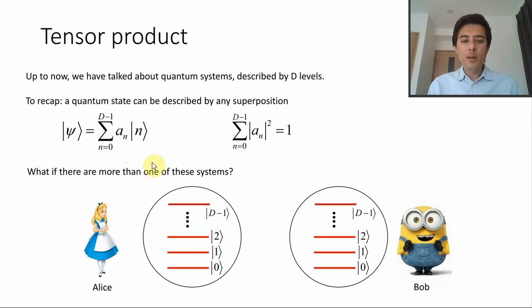But what if we have more than one of these types of systems? These characters, Alice and Bob, this is not something that I've made up. This is now the common way of talking about more than one system or one party, and it's a very convenient notation.